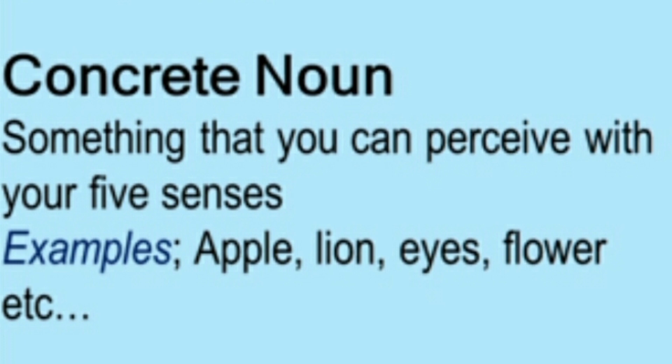These are basically the opposite of abstract nouns. They can be perceived using your five senses. So, you can touch, you can hear, you can smell, you can taste these words. Example: apple, lion, eyes, flowers, desk, etc.